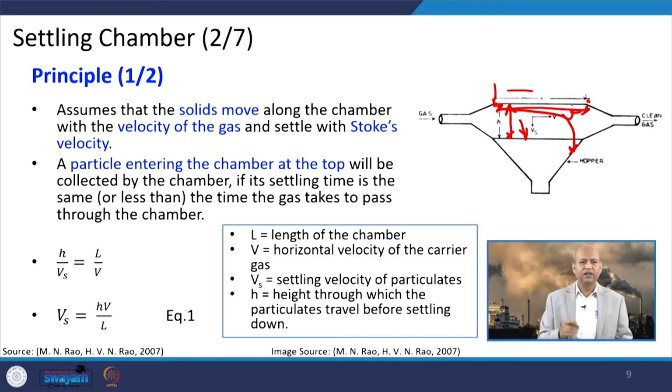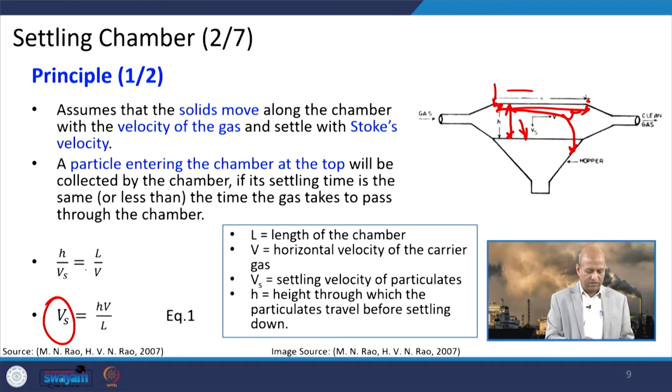L is the length of the chamber, V is the horizontal velocity of the carrier gas, Vs is the settling velocity of particles, and H is the height through which the particulate matter travels following the Stokes velocity. So, Vs is nothing but Hv divided by L. That way we can calculate the velocity.